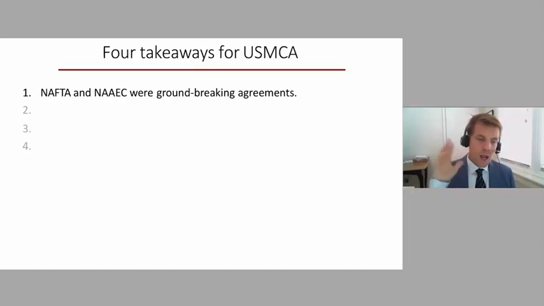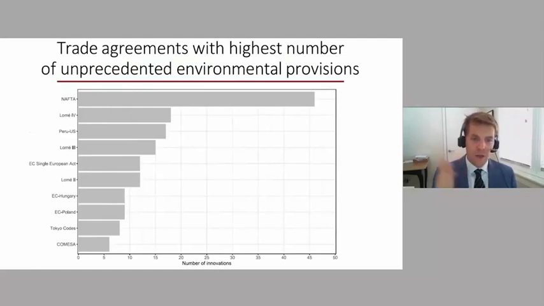I was saying that NAFTA and the North American Agreement on Environmental Cooperation were groundbreaking. And one way in which you can see this is in this bar chart. What you have here is the number of novelties for the most innovative trade agreements.